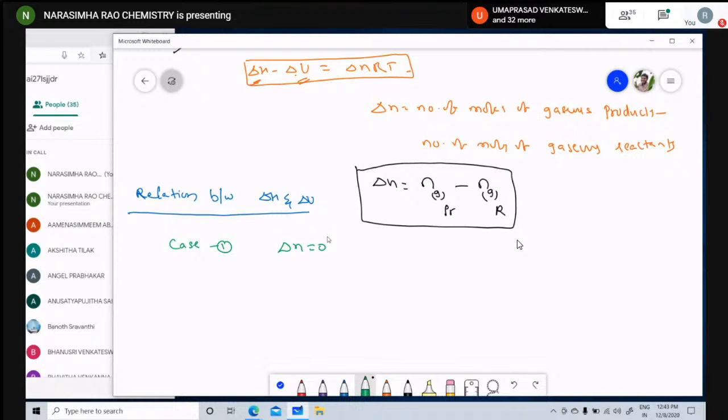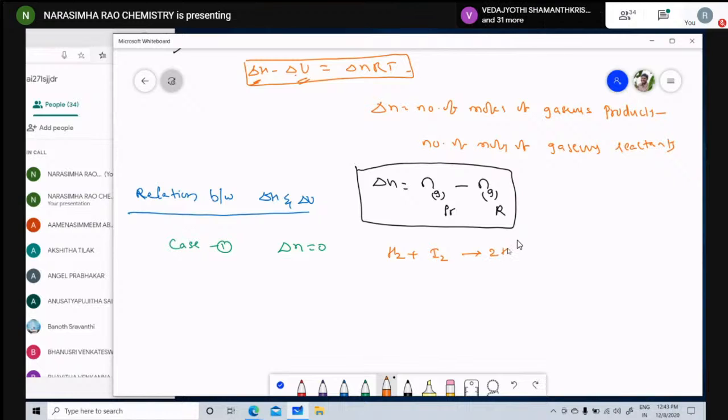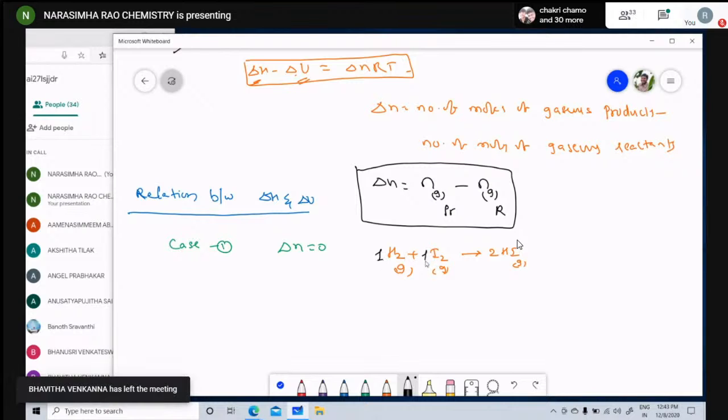I am taking one more example for this one. H2 plus I2 gives rise to HI, all gaseous. Observe, children. This is 1 mole of hydrogen, 1 mole of iodine, 2 moles of gaseous HI.